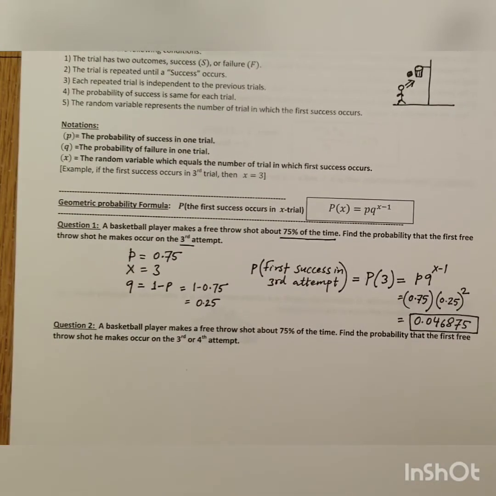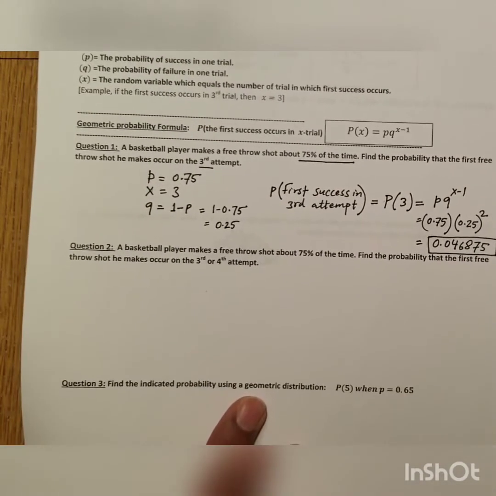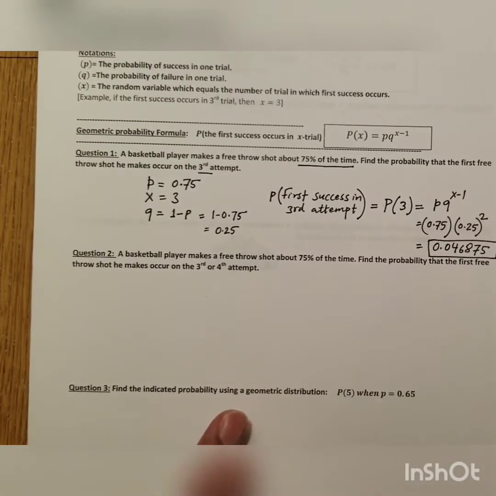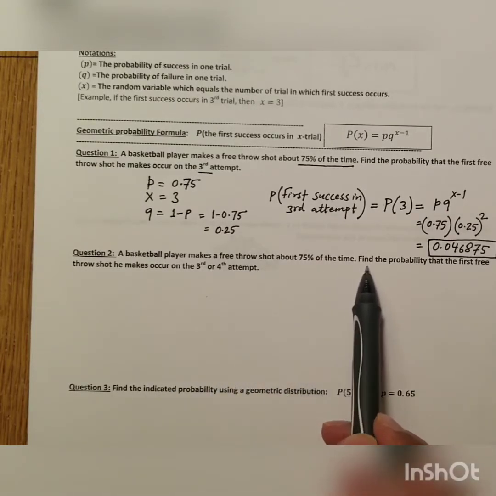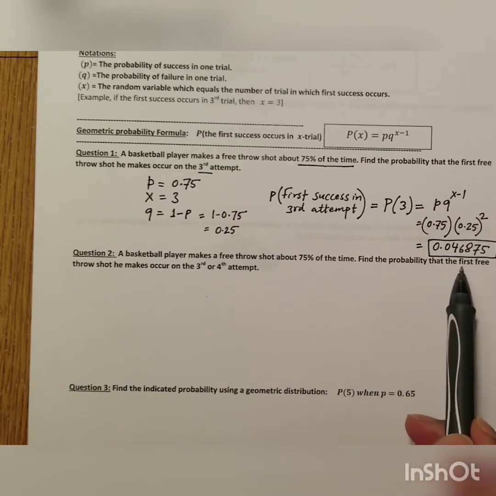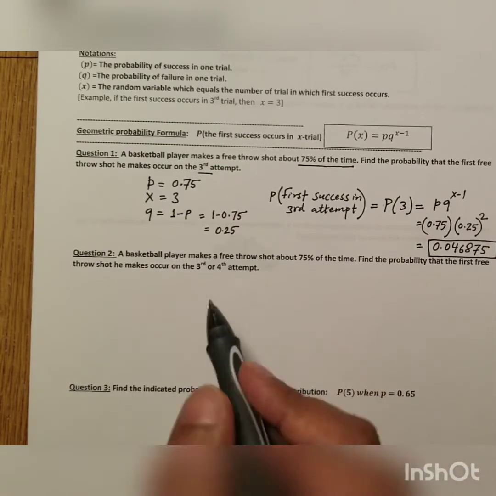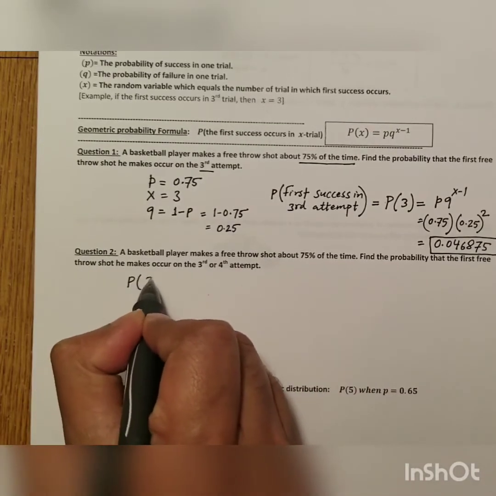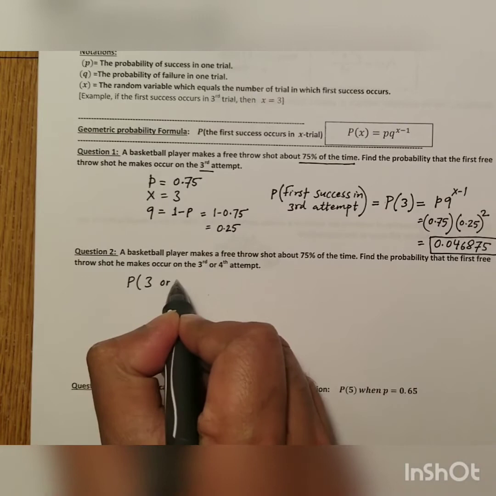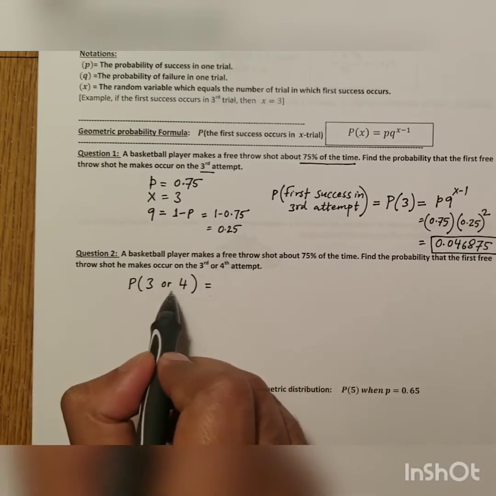Let's see the next question, which is a similar type. A basketball player makes a free throw shot about 75% of the time. Find the probability that the first free throw shot he makes is on the third or fourth attempt. So here we need the probability of third or fourth, P(3 or 4).